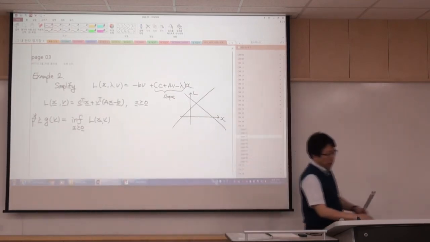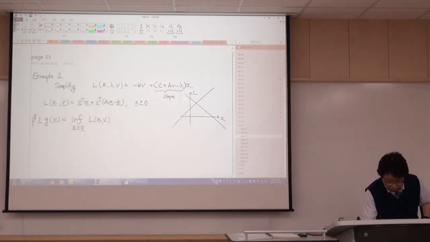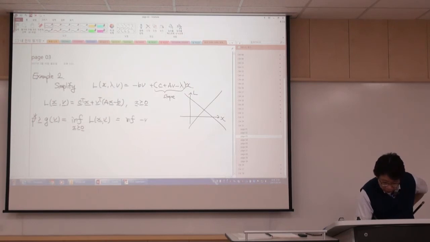Now let's carefully analyze what's going on. You have the infimization of c transpose x plus nu transpose (Ax minus b). Again, we can reorder this part: minus nu transpose b plus (c transpose plus nu transpose A) x.